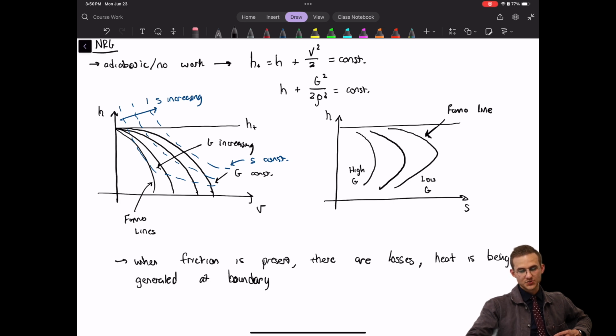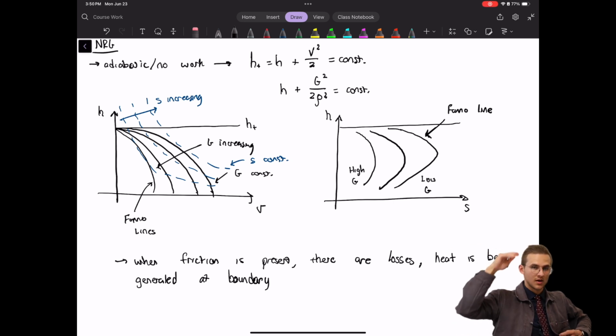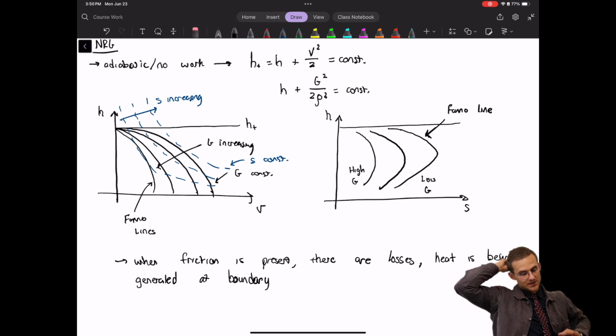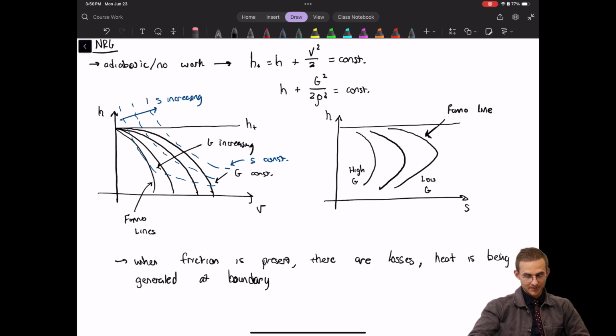If the pressure is what's driving the flow, some portion of that pressure head is being lost to losses from the friction at the walls of the duct or pipe, and so you are eventually dropping pressure, and your fluid density is decreasing. And because G is constant and your pressure is decreasing, it actually causes the flow to speed up.